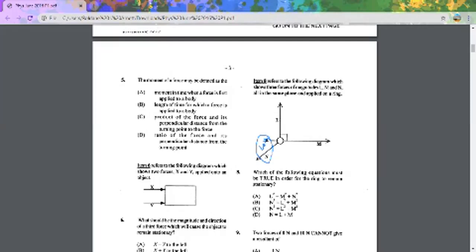And L plus M would be going in that direction. The resultant force of both of them would be in this direction, and N would be acting directly opposite to that in this direction. So D would be the case.